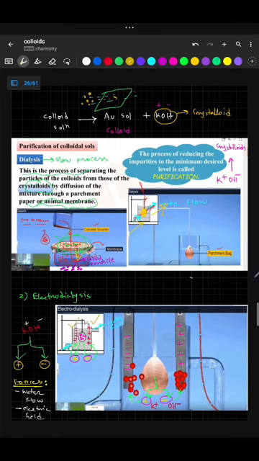These are the electrolytes, and the electric field pulls the positive ions toward the negative electrode and the negative ions towards the positive electrode. So one of the electrodes would be negative, which is this one, and one of them will be positive.